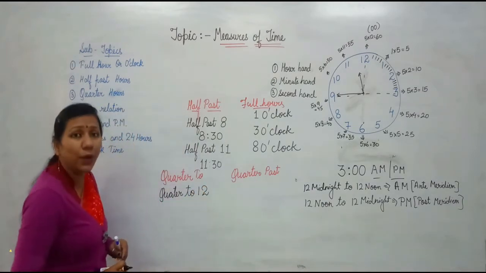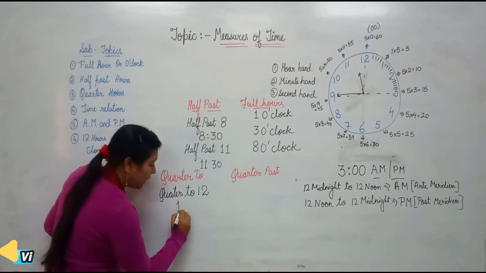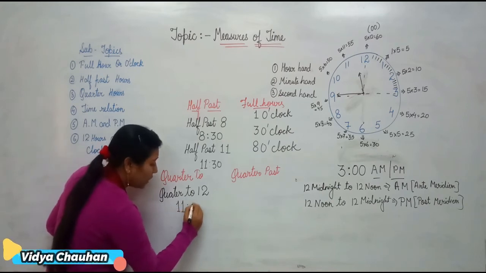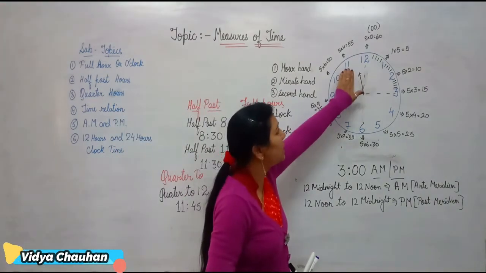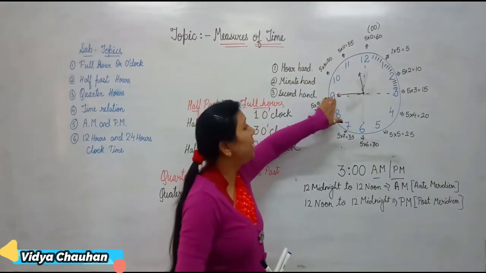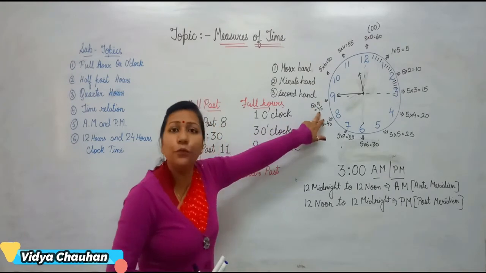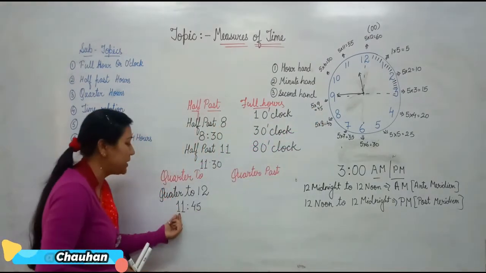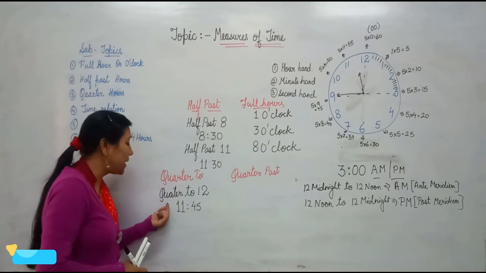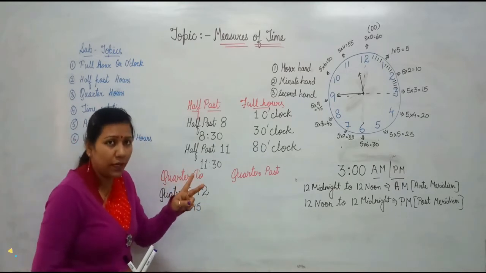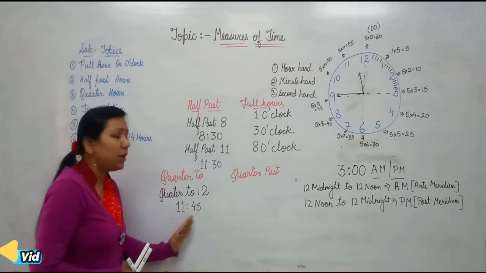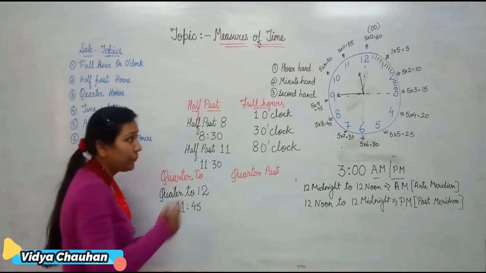Quarter to 12, or you can write it as 11:45, because your hour hand has crossed 11 and the minute hand is at 9. So 9 5s are 45. So that's where the time is 11:45, or you can say quarter to 12. We can say it both ways. Quarter to 12 or 11:45.